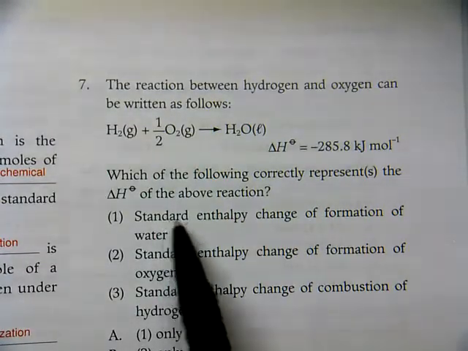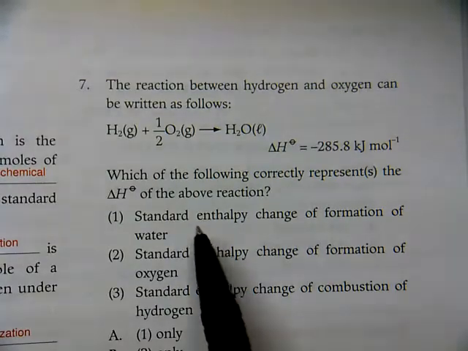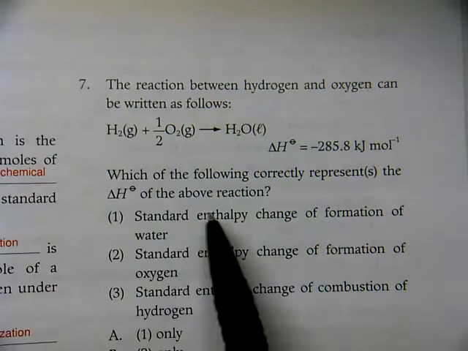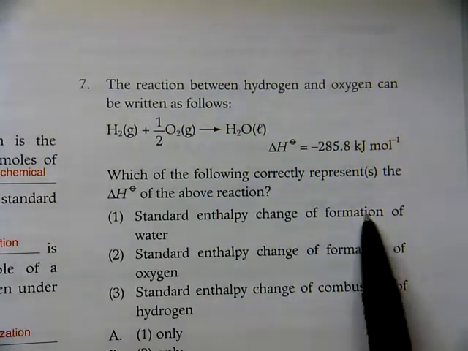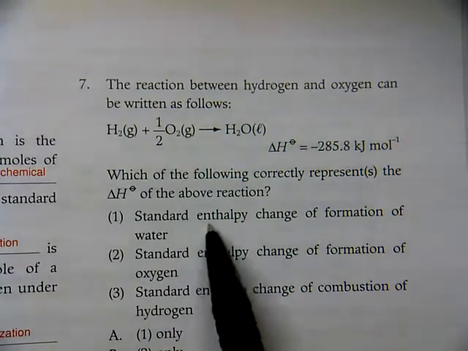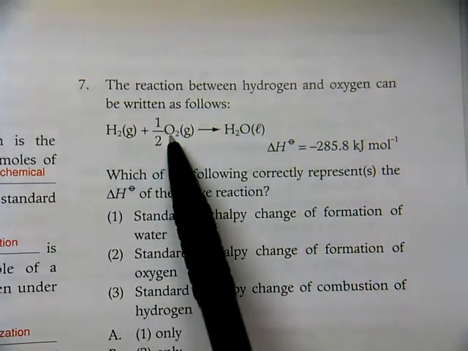Is it equal to the standard enthalpy change of formation of water? Now again, please tell me what is the definition. Standard enthalpy change of formation of water is the enthalpy change when 1 mole of water is formed from its constituent elements in their standard states under standard conditions.